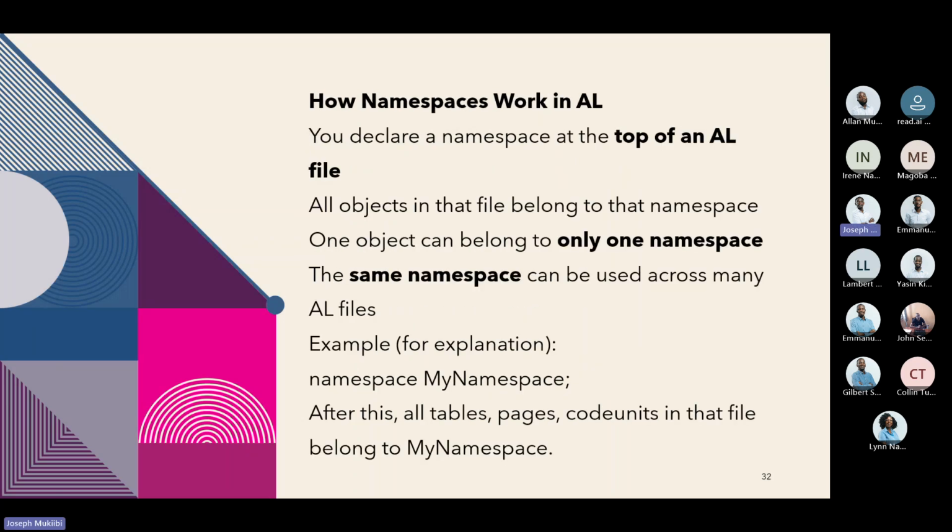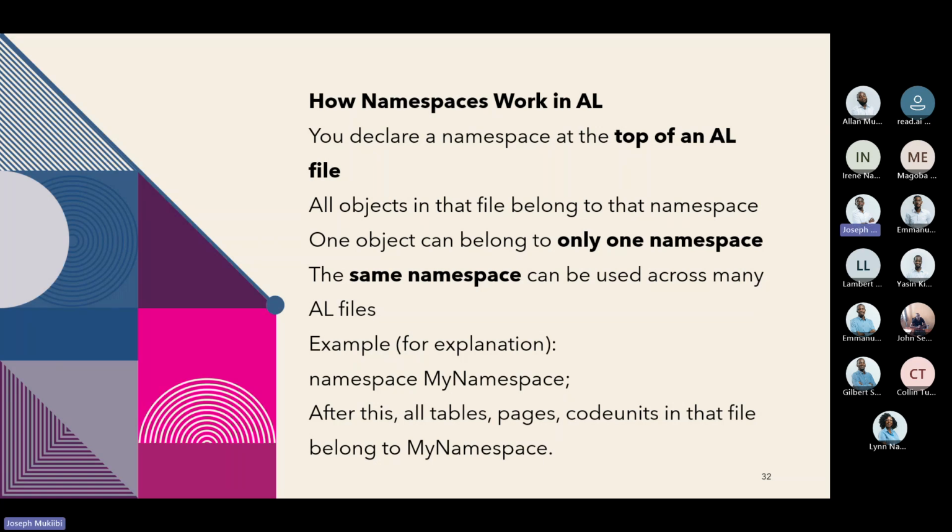So how do namespaces work in AL? You can declare a namespace at the top of the AL file. All objects in the file belong to that namespace. So if you put a namespace of maybe HRP dot budget monitoring dot customers, in that AL file you can only have one object, maybe a page or table.